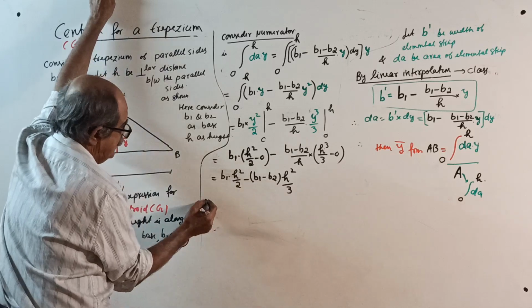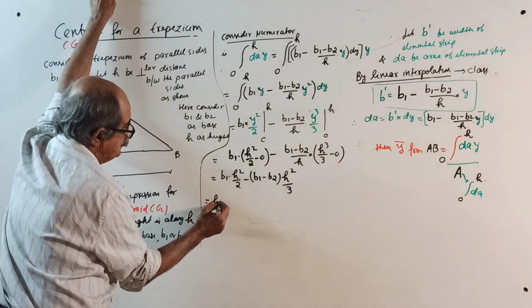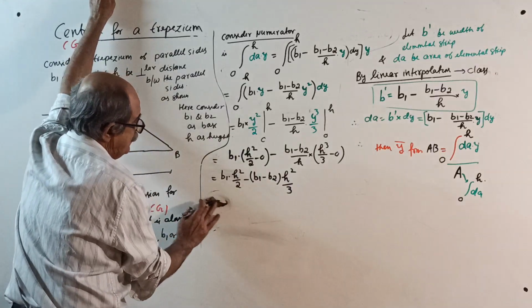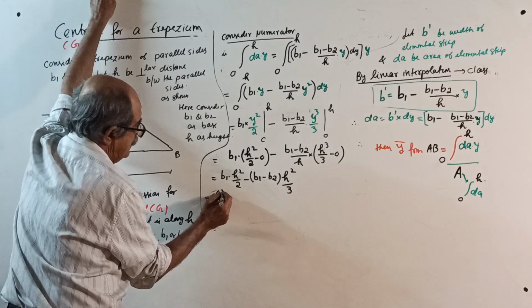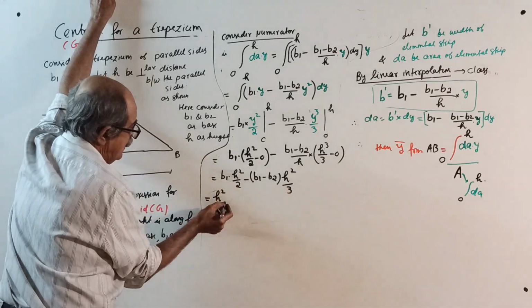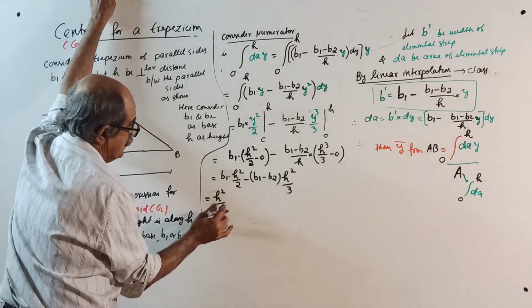If I take h square outside, to make it easier, 3 and 2 are there, I will take 6 outside, common.